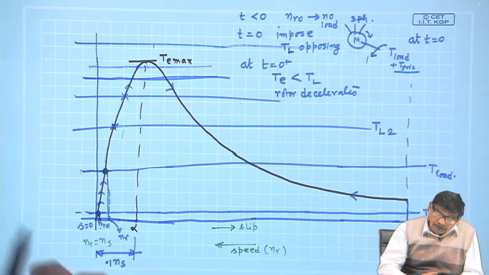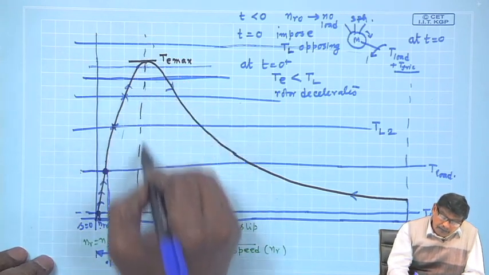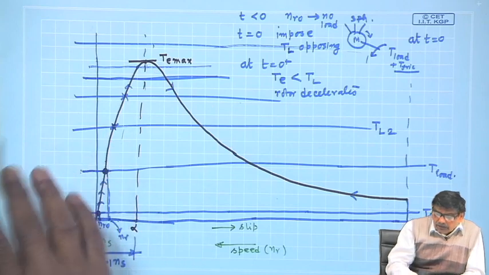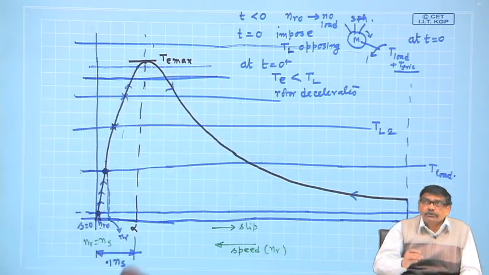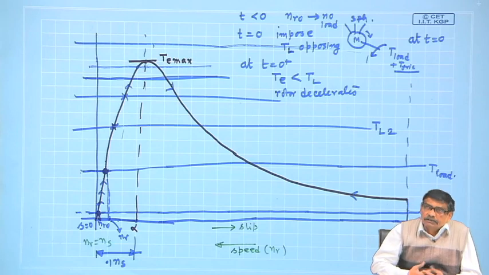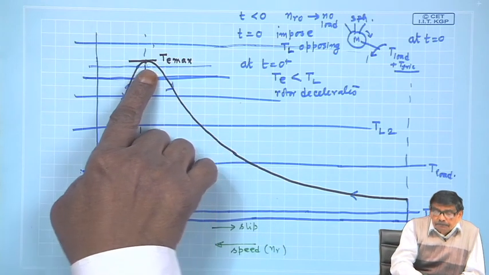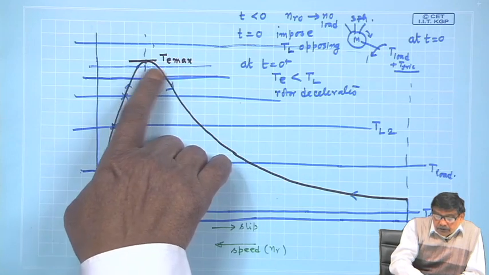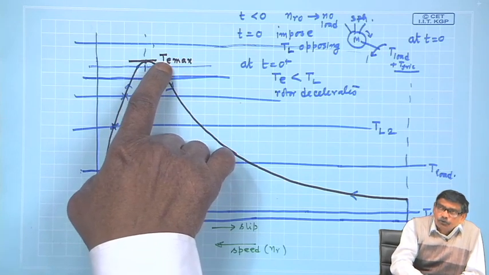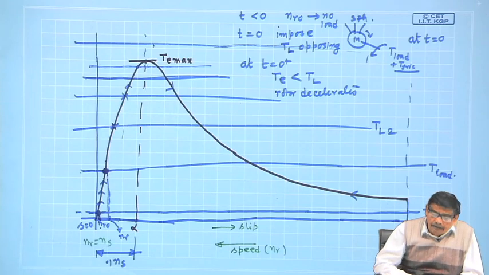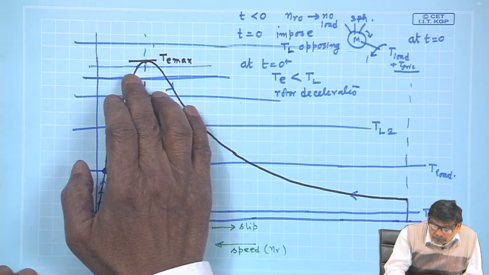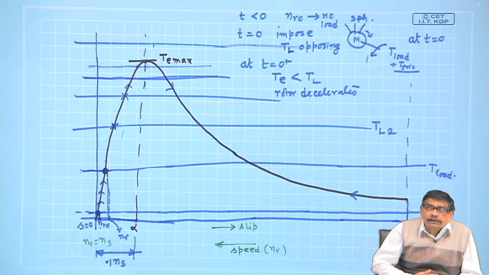Why? Because this operating point is crucial. As you move closer to T max, you do not know, there may come some disturbance. You are close to the vulnerable point, your load torque is close to T max, still less than T max, and the motor is capable of producing that torque. But as you get closer to T max, you are running the risk, because the motor is doing some mechanical work, but disturbance you cannot avoid.